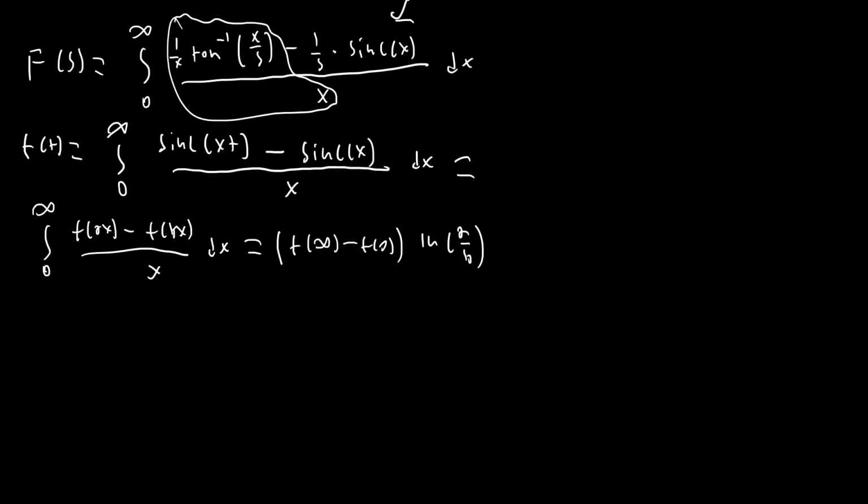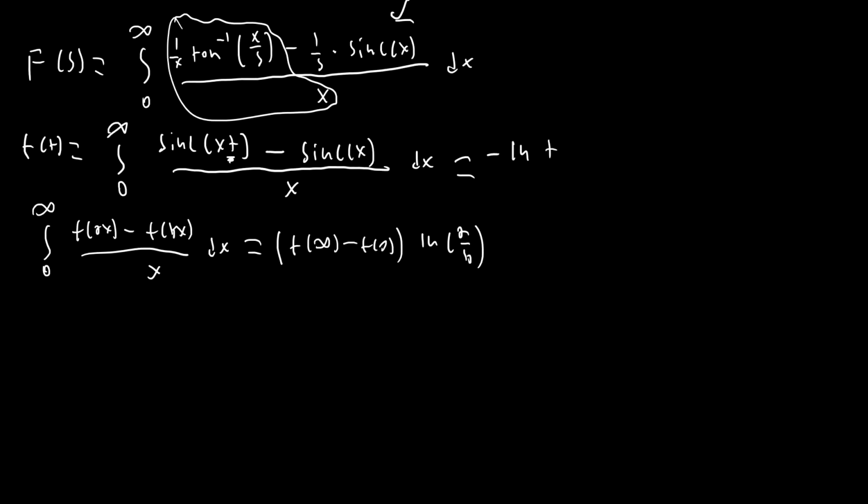Reminder that sinc of x is the same as sine of x over x. And sinc of 0 is just 1. So that means we're going to be multiplying by -1 times natural log of a over b, but in this case b is just 1 because we just have sinc of x, so it's just going to be natural log of a, which in this case our a value is this t, so minus ln t.